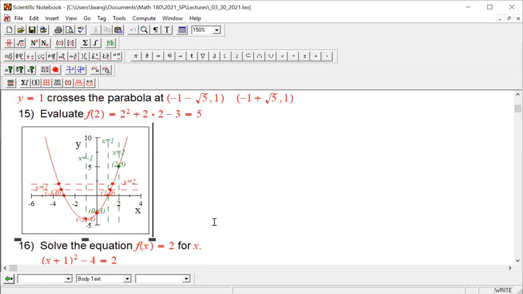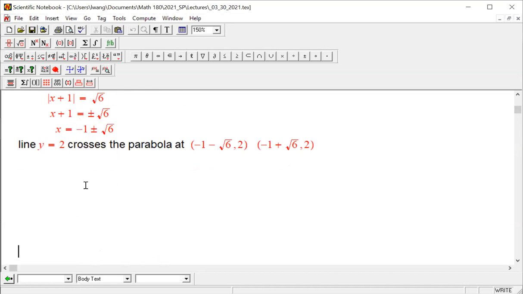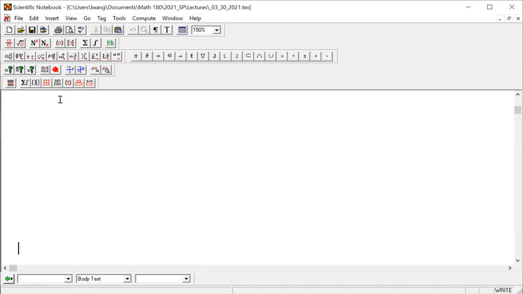17, 18. The idea is pretty much the same. F of -5.